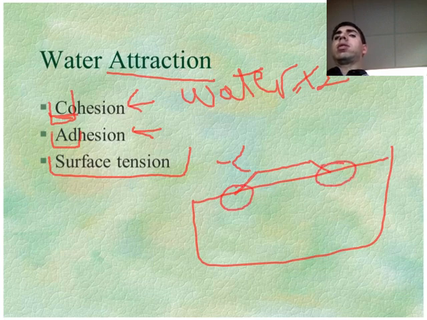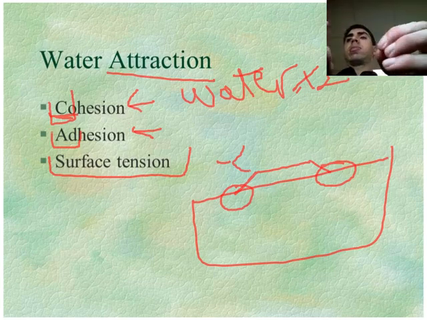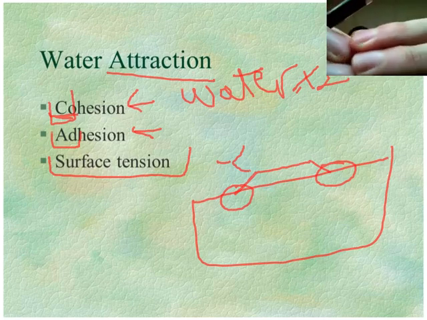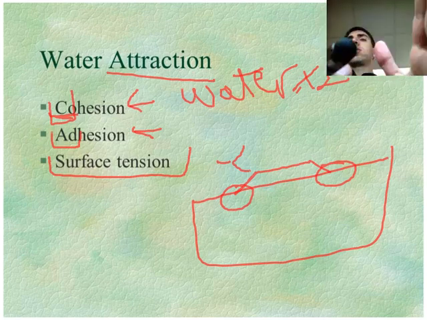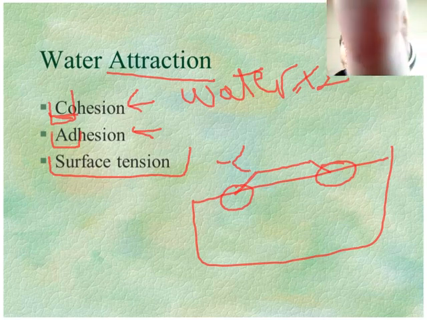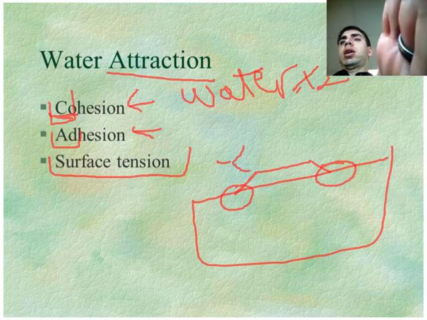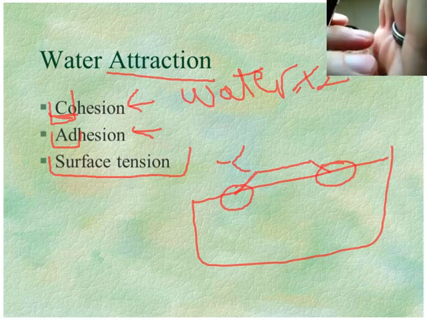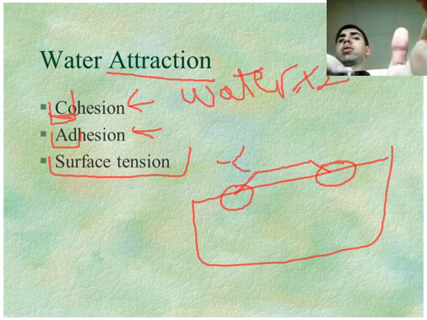So he doesn't sink down. It's because of the surface tension, because the water molecules are joining together, locked together like this. But also there's the water right here, and the lizard is actually able to join together because of adhesive forces.